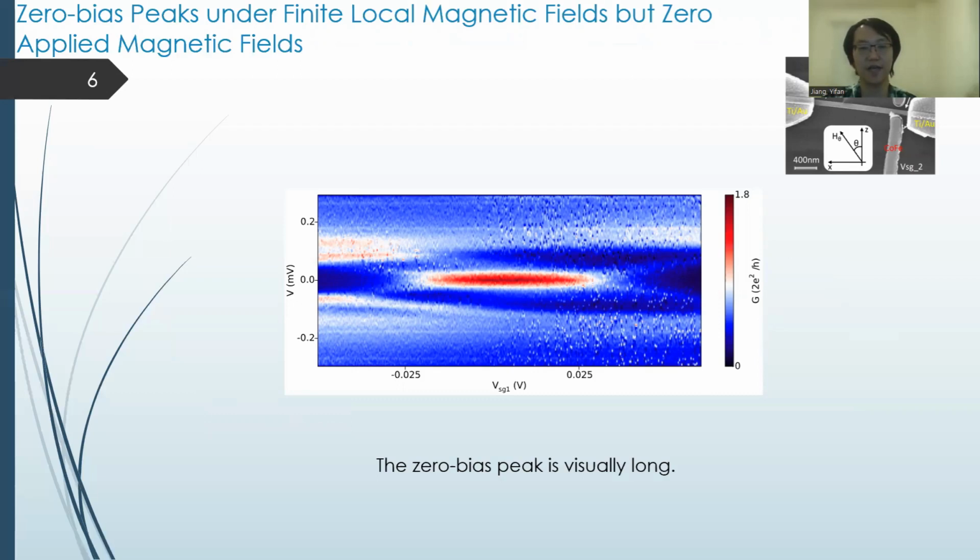First, I apply a negative 0.2 Tesla magnetic field perpendicular to the nanowire, and then I sweep the magnetic field back to 0 Tesla. By tuning parameters at zero external magnetic field, we can get a plot like this. In this plot, we observe visually long zero-bias peaks located inside the induced superconducting gap.